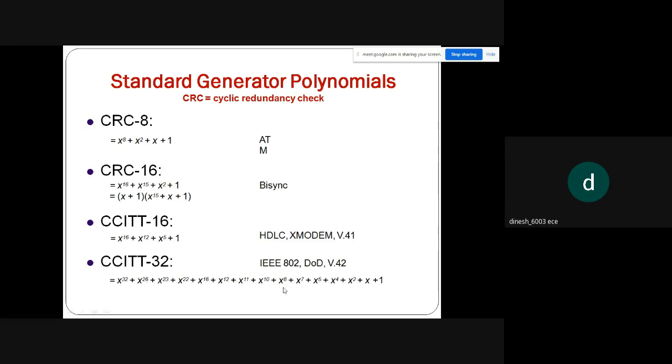The pattern will be used in IEEE 802 versions with this 32-bit. And the DoD, Department of Defense in the US, is using it in version 42 systems. Wherever you use version 42 systems, we use these CRCs, especially this CCITT 32-bit.